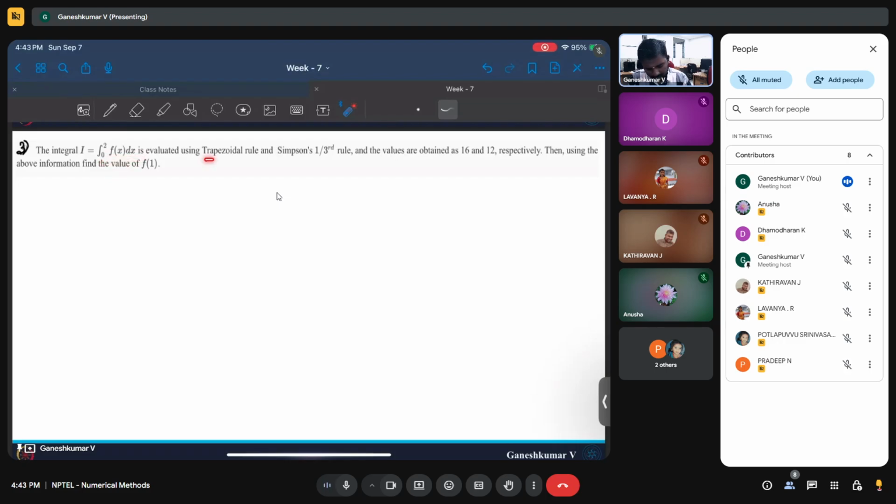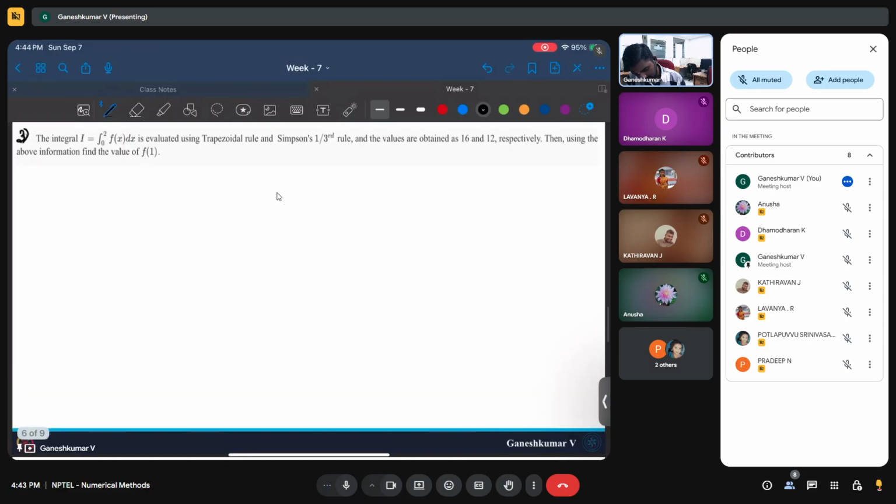It is evaluated using both trapezoidal rule and Simpson's 1 by 3 rule. Okay, and the value obtained was 16 and 12. When you do trapezoidal rule, your value was 16, and when you do Simpson's 1 by 3 rule, your value was 12. Then using the above information, we were asked to find f of 1, which is in between the limits from 0 to 2.